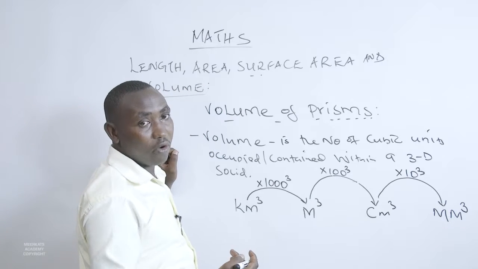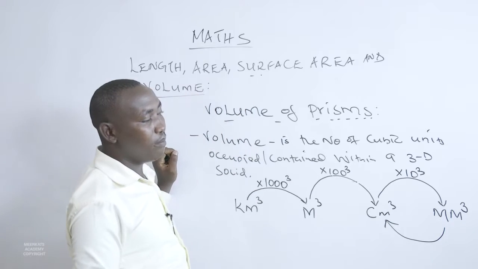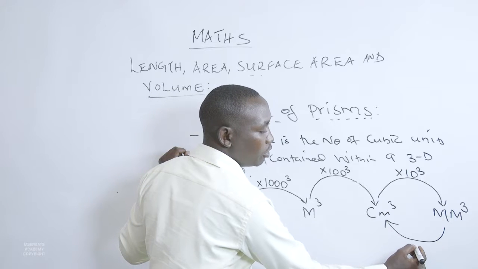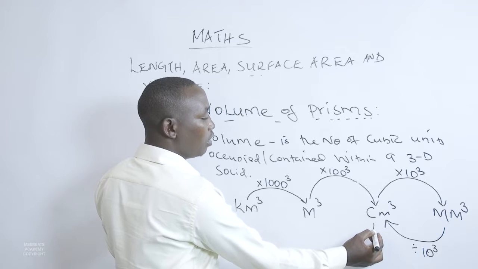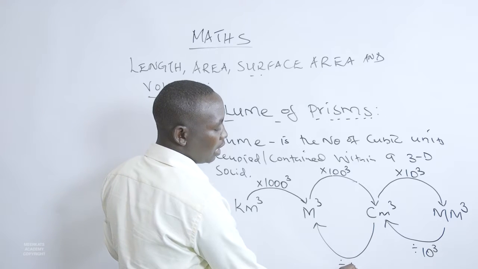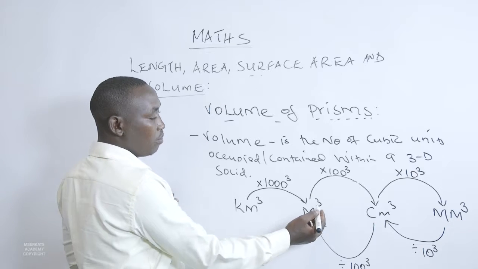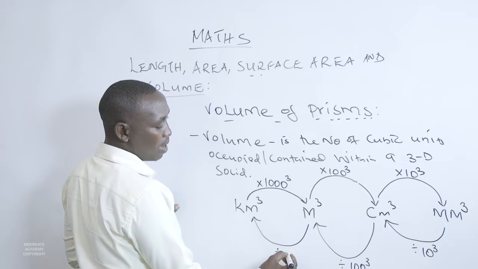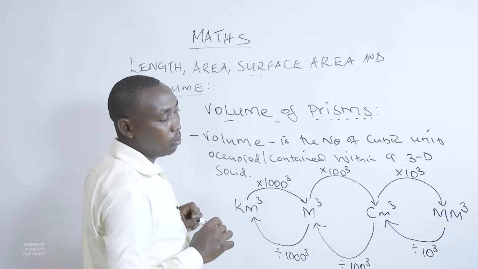Then when you are going back, the reverse processes occur. From millimeter cubed to centimeter cube, we reverse this action. That means we divide it by the cube of 10. From centimeter cube to meter cube, we divide by the cube of 100. And again, from cubic meter to cubic kilometer, we divide by 1000 cubed.